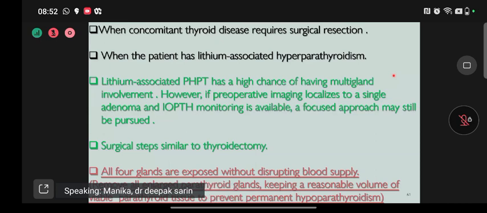Preoperatively, on the clinical examination, we have a palpable nodule, and on a biochemical analysis, there is a very high calcium level. And intraoperatively, there is a hard fixed mass which is present in the parathyroid, either the superior or the inferior one.